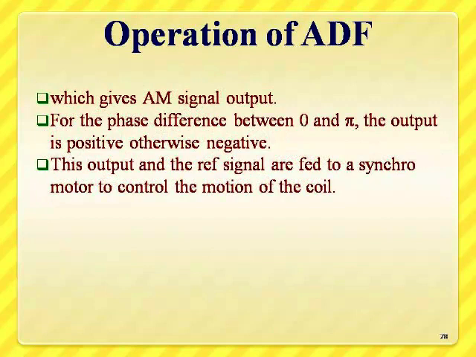The output of these two systems will give rise to an AM signal, and for the phase difference between 0 and pi, the output is positive, otherwise negative. This output and the reference signal are fed to a synchronous motor to control the motion.